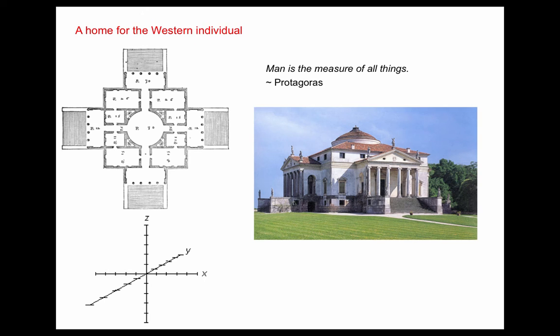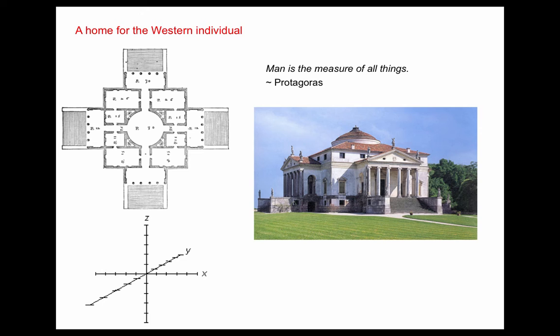So the Renaissance borrows from the Greek Protagoras the motto, man is the measure of all things. Now, if I'm going to say you are twice as far away from me as you, I have to know where I am, which is right here.